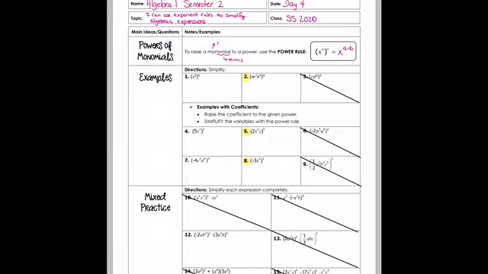Now, the reason that happens, let's take a look at an example here, let's do CD squared to the third power. When you're using exponents, exponents mean repeated multiplication.